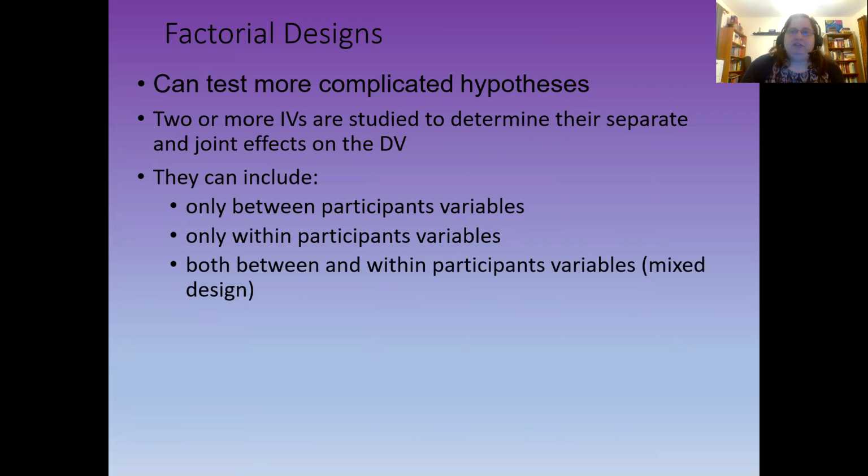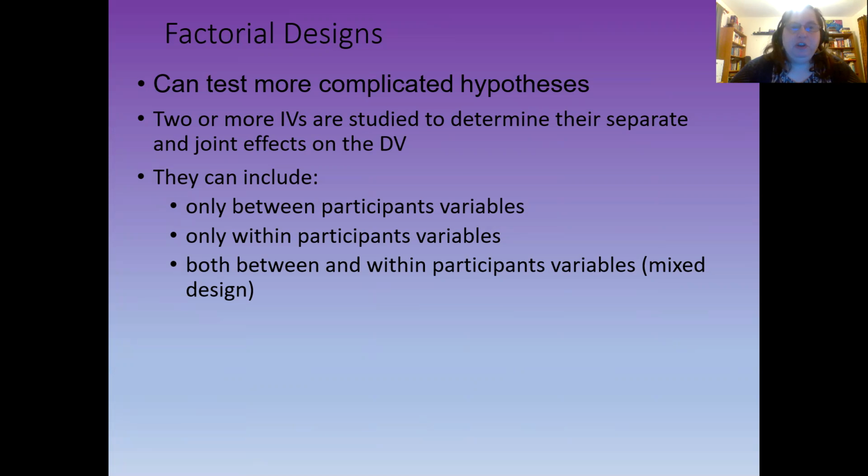So you can see why, when you get to within participants variables, it can really blow up your study, and it can put a lot of burden on your participants to have to go through these different conditions. Nonetheless, if you are lucky enough to have within participants variables, you can look at those using factorial ANOVA.